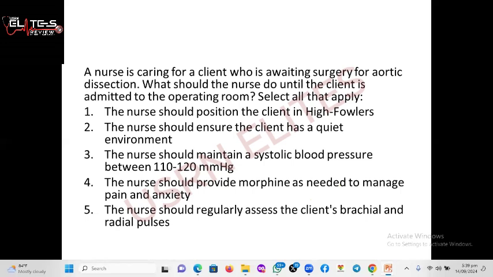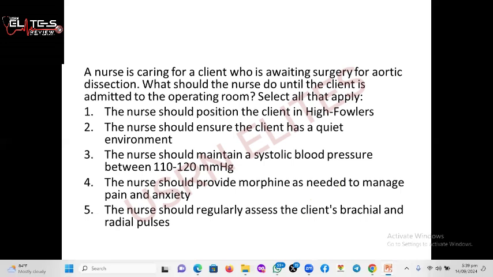And I said that the descending aorta supplies blood mostly to the lower part. When you look at the structure of the aorta, it comes down, descends. So if a descending aorta is specifically being talked about, and they are asking you which pulses you are going to assess, you assess lower extremity pulses. And I think pedal pulse forms part of the lower extremity pulses. You have femoral pulse also being part of it.